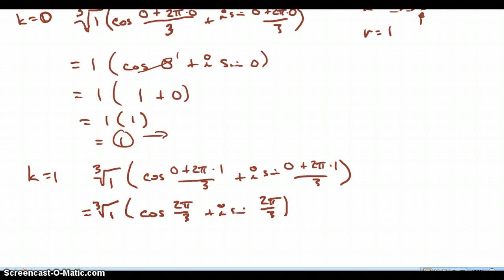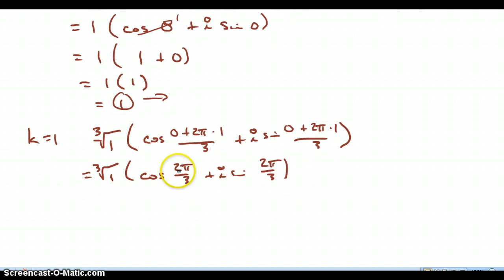If you're more comfortable working in degrees, this thing and this thing will both be the same thing. Pi is 180 degrees, divided by 3 is 60, times 2. That's that 120 I was talking about before. This is the cosine of 120 degrees plus i sine 120 degrees. That's in the parentheses.